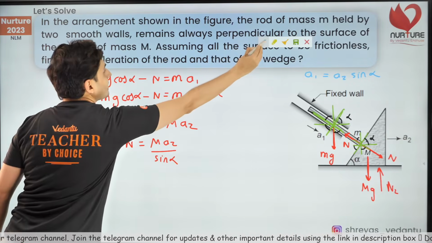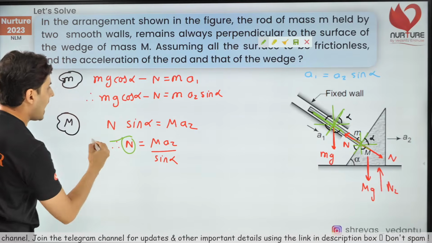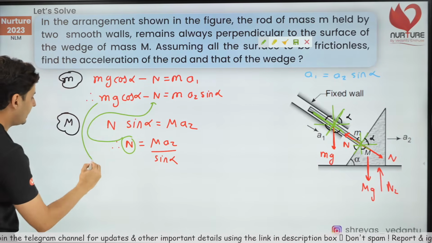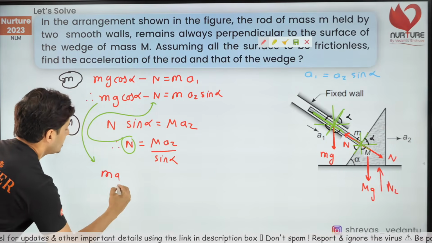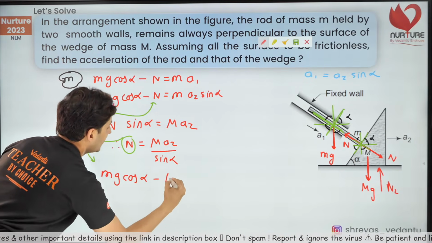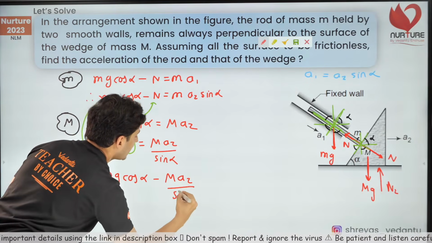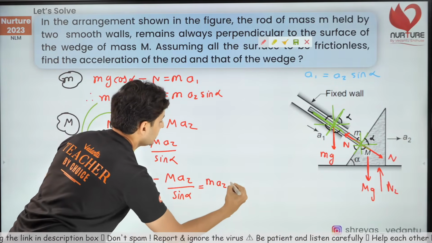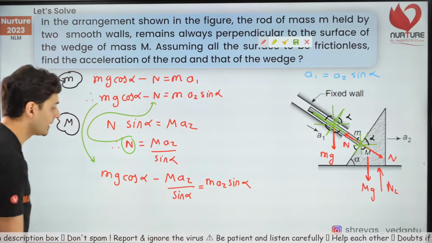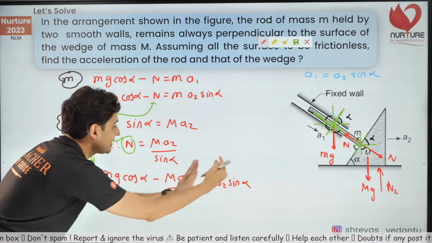Now I can take this normal and put it over here, and let's see what we get. Observe this. So you will get mg cos alpha minus M into acceleration by sine alpha is equal to m into a2 sine alpha. Now take this guy over there.